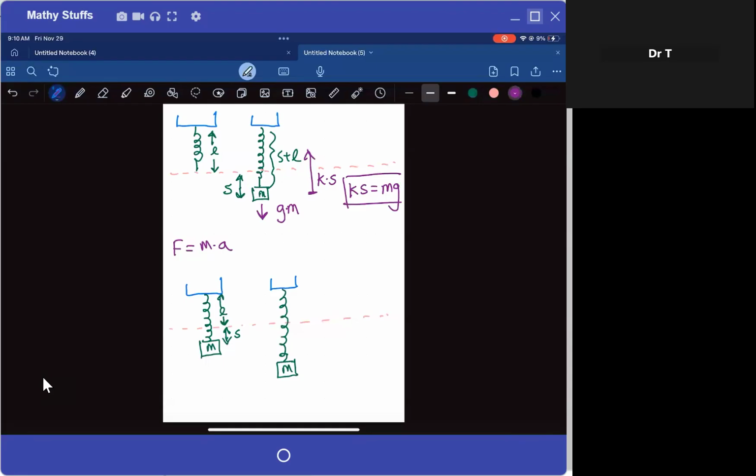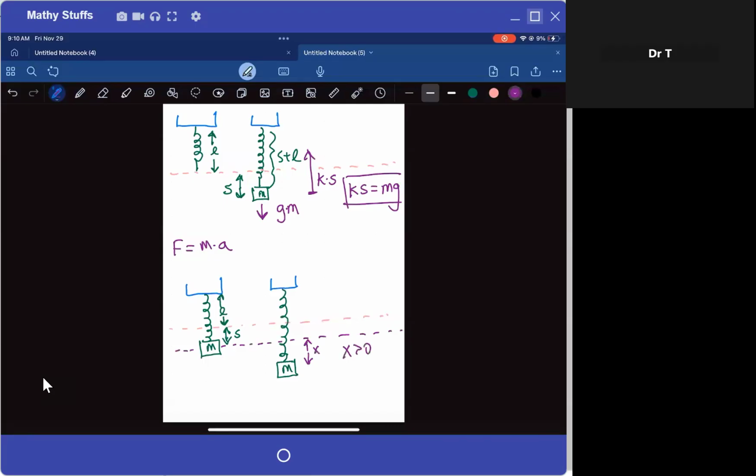And let's get another line. We're going to call that extra stretching X. We're going to assume that when I pull downward, this is X positive.